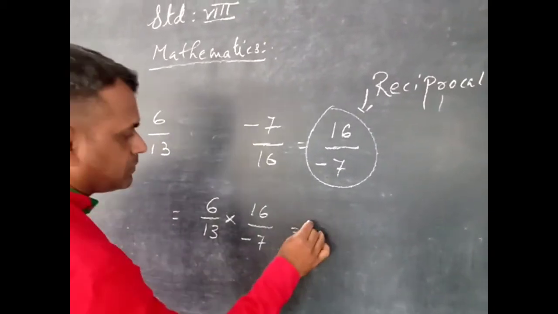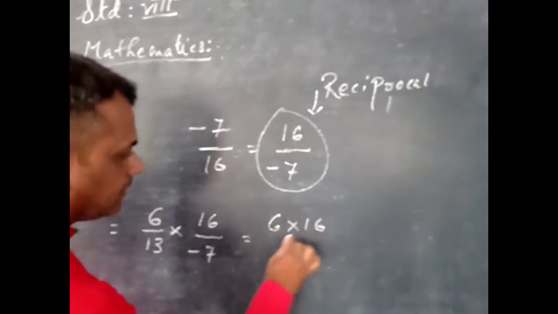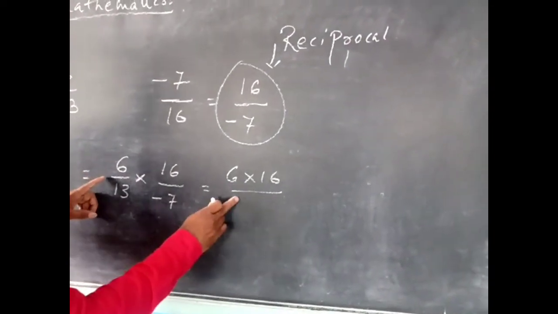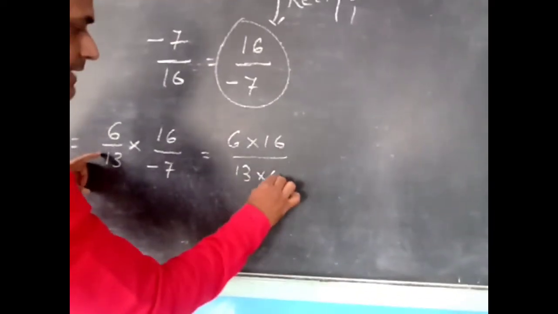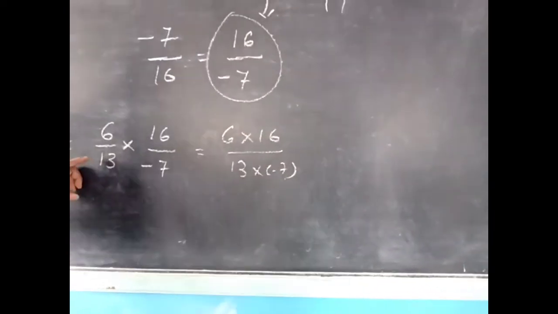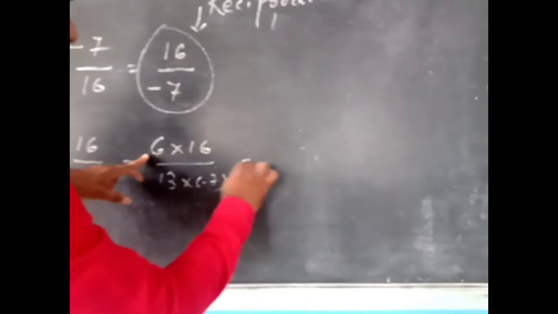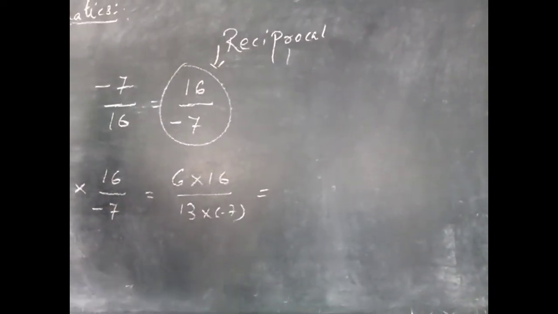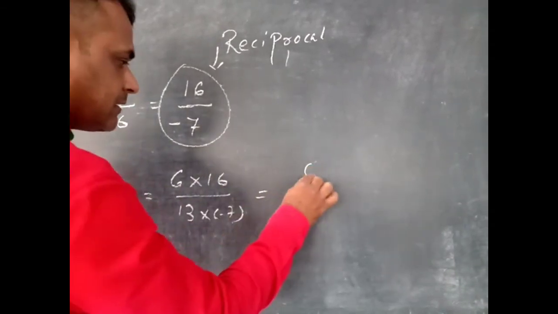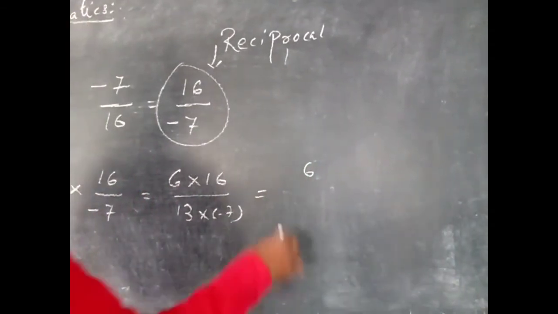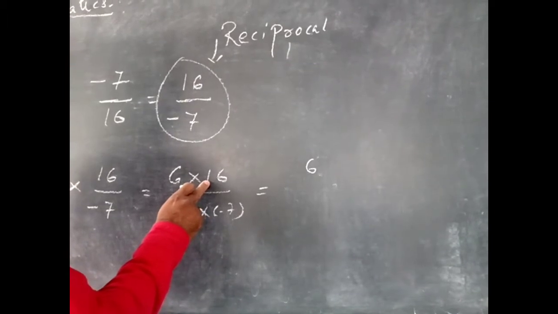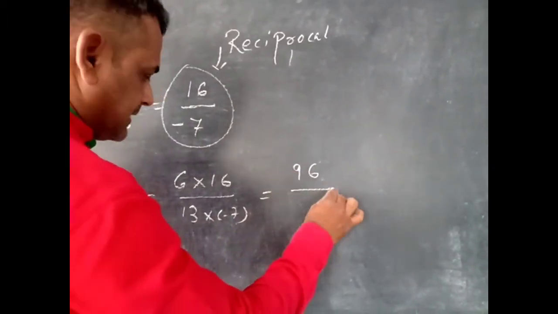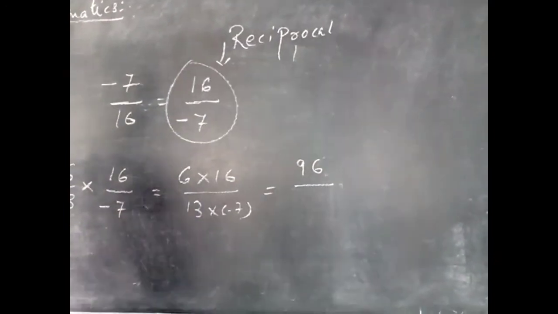No. So in multiplication, numerators are multiplied with numerators and denominators with denominators, right? So 16 sixes are, 6 sixes are 36, 6 threes are 18, so 16 sixes are 96.